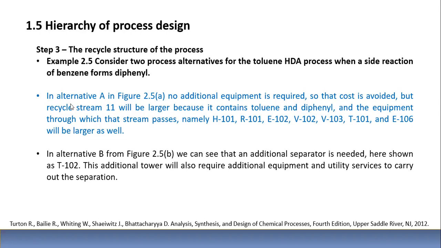And the equipment to which that stream passes, namely H101, R101, E102, V102, V103, T101, and E106 will be larger as well. So that is saying alternative A is considering a larger recycle stream.